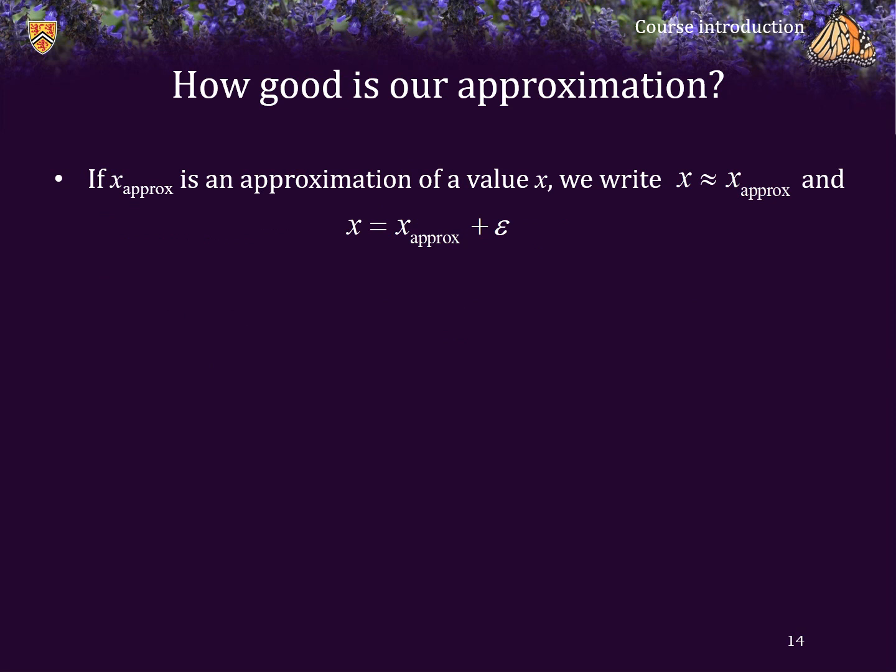So how good is an approximation? Well, if x approx is an approximation of the value x, we will write that x is approximately equal to this approximation. And therefore, x must be equal to the approximation plus an error term. Consequently, we can always calculate the error epsilon by subtracting the approximation from the exact value.